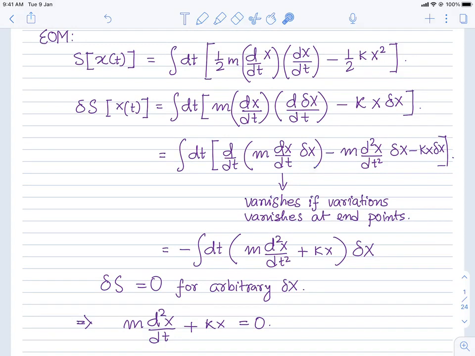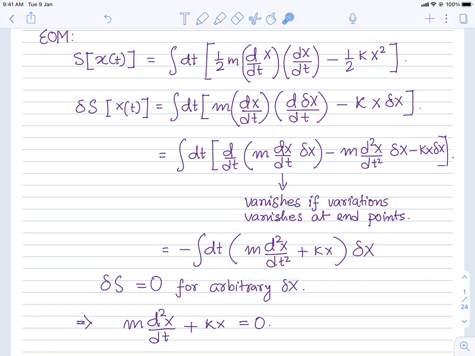Okay, so if we perform the variation keeping the endpoints fixed, then this variation vanishes at the endpoints, and we can forget about this total derivative term. Okay, and then we are left with these two terms here, and these two terms can be grouped in a way where there's something multiplying the variation delta x.